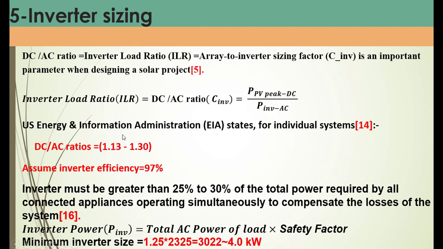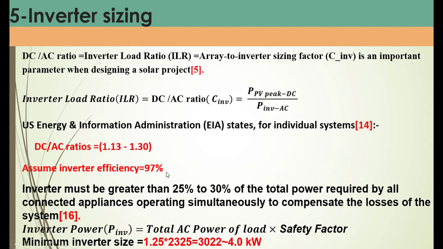The U.S. Energy Information Administration states for individual systems that the best DC to AC ratio is 1.13 to 1.3. This is a very good range to take into consideration while we are designing and calculating the system.